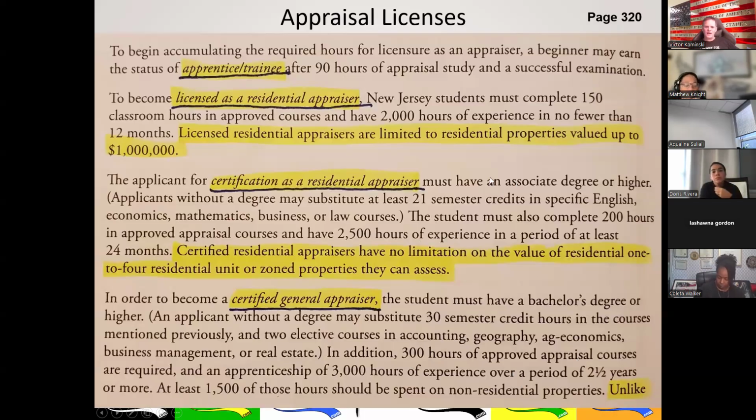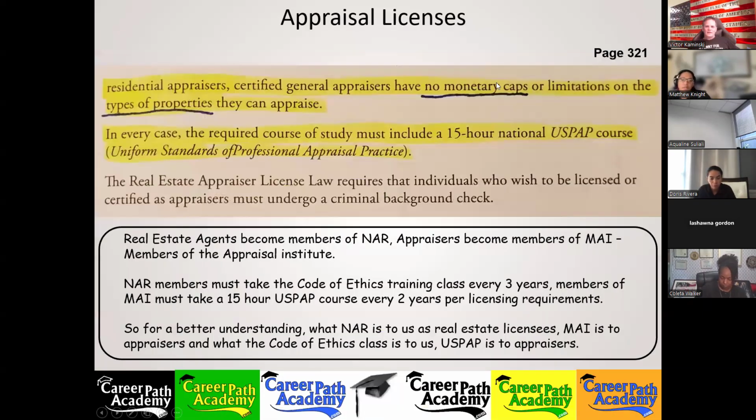And in order to do that, you needed to work underneath a certified general appraiser to do appraisals on commercial properties during that period. All right, and then they have no monetary caps or any limitations on types of properties for certified general appraisers.